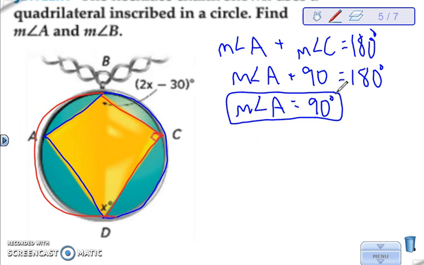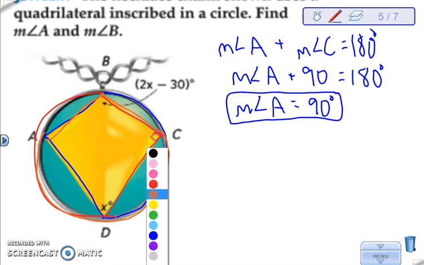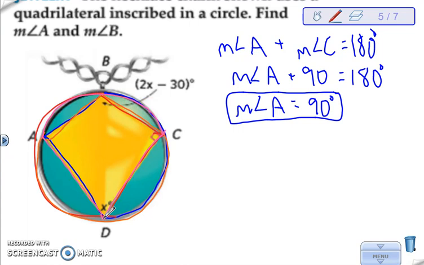Similarly, if I want angle B, the intercepted arc for angle B combines with the intercepted arc of angle D to make a full circle. So they are supplementary.